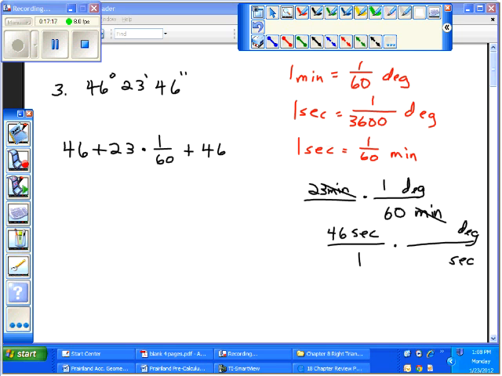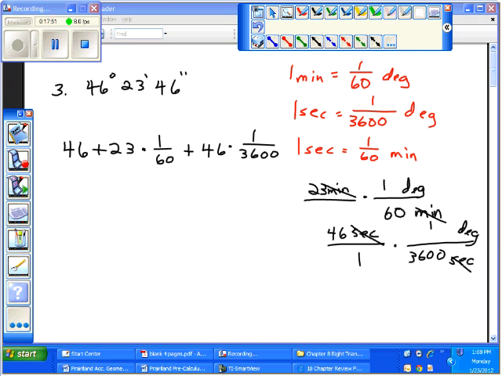So I need to lose the name seconds, gain the name degrees, and 1 degree is 3,600 seconds. So what I'm really going to do here is multiply by 1/3600th. Understand that? So I've got 46 degrees, 23 minutes, so there's 23 1/60ths of a degree, plus 46 seconds, which is 46 1/3600ths of a degree.